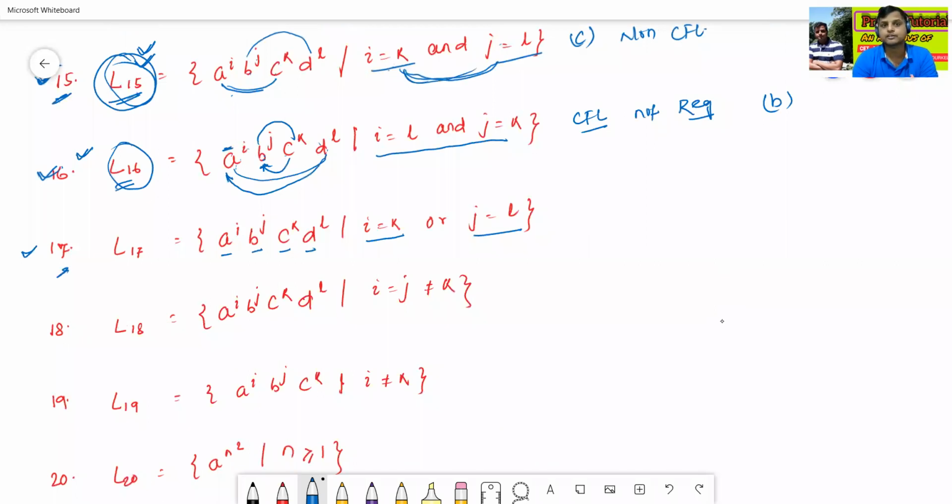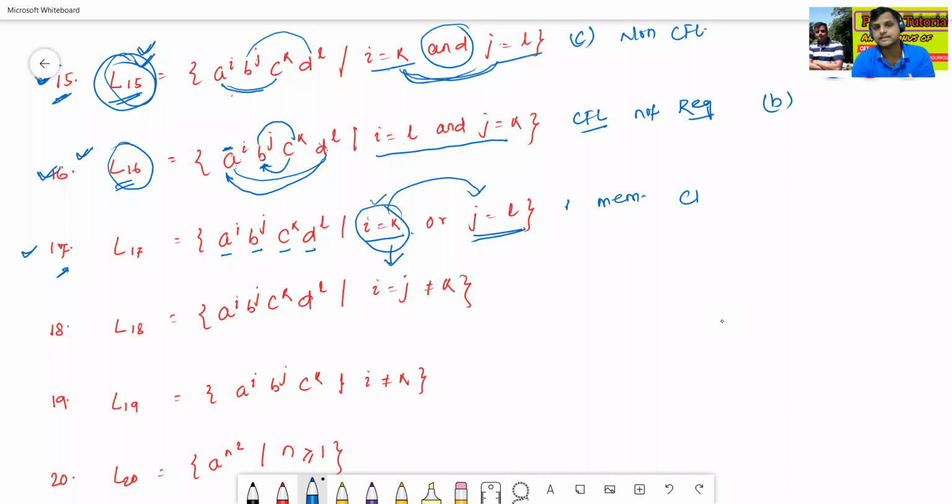Here we take both conditions at a time, but here we can take any one condition at a time. Only one memory will be required. Either we take I equals K or we take J equals L, so only one memory will be required.